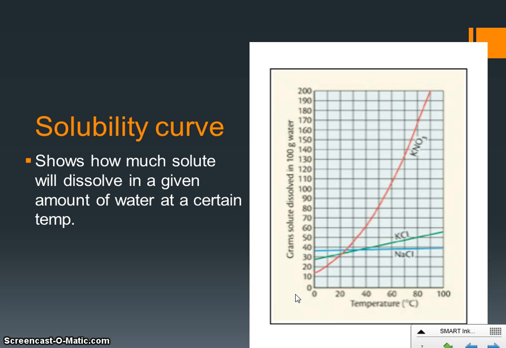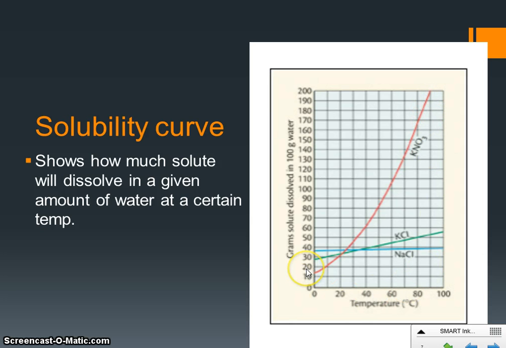Well, that's going to depend on temperature, because like we just said, the warmer that you get that water, the more solute or solid you'll be able to dissolve in there. But the trend is clear here. So as you warm something up, if we just look at this red line, you're able to dissolve more solute in there.